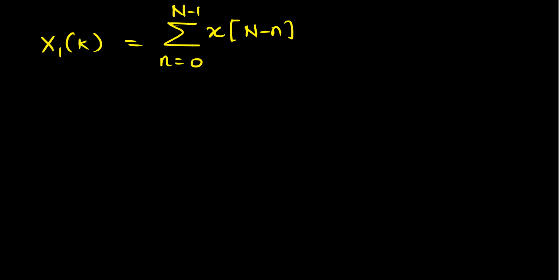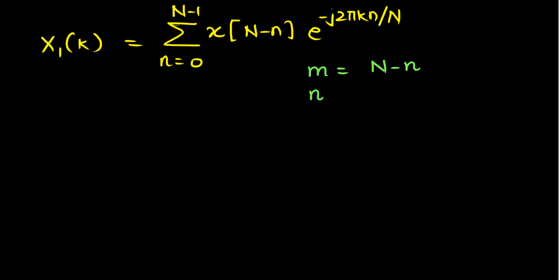x1 of k is equal to summation n running from 0 to N minus 1 x of N minus n into e to the power minus j 2 pi k n by capital N. Now we will make a small substitution here and write m equal to N minus n.